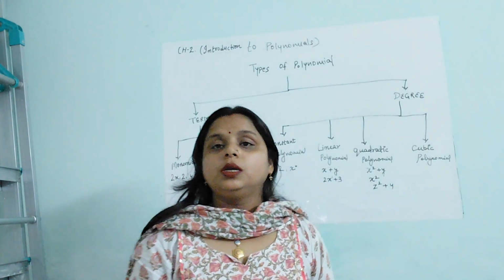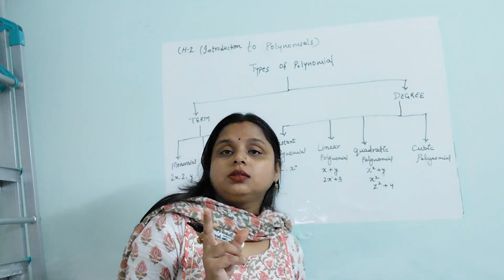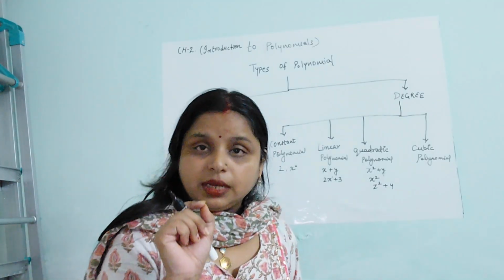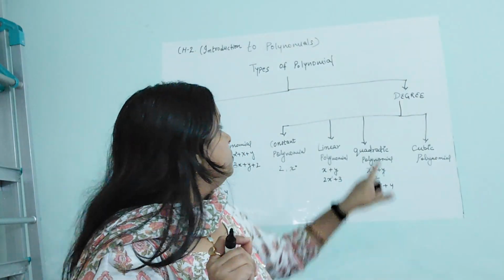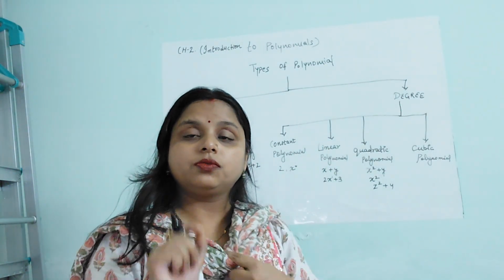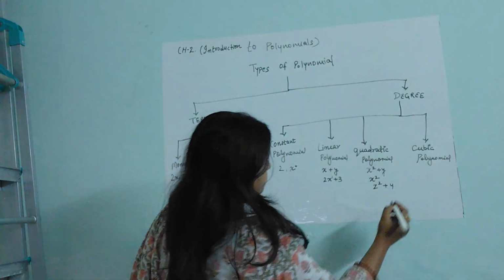Next we have cubic polynomial. So a cubic polynomial is the expression where the highest power of the variable is 3. We won't say the power, we will use the word degree. The highest degree of the expression is 3. That is a cubic polynomial.